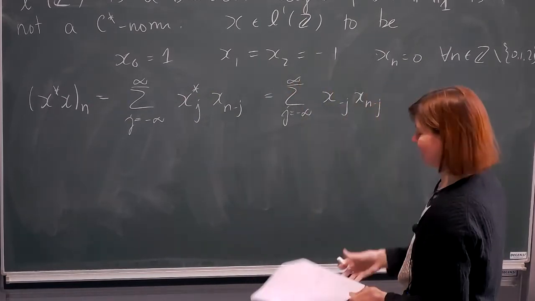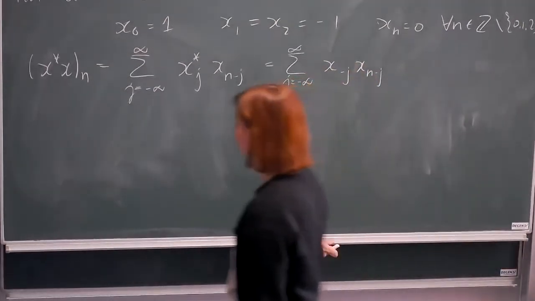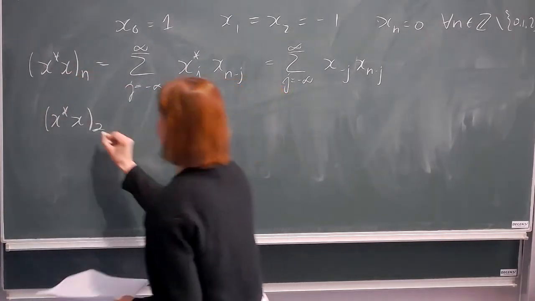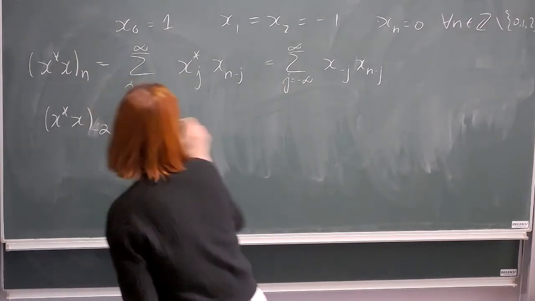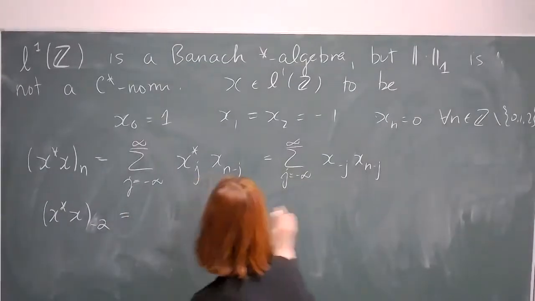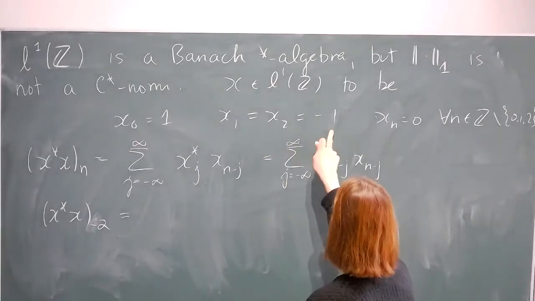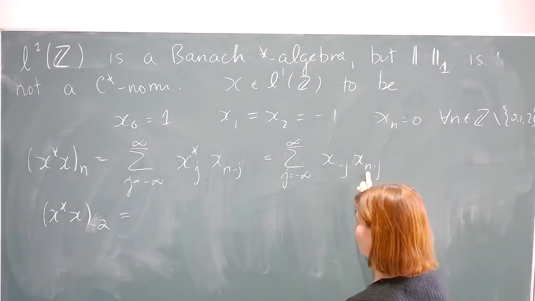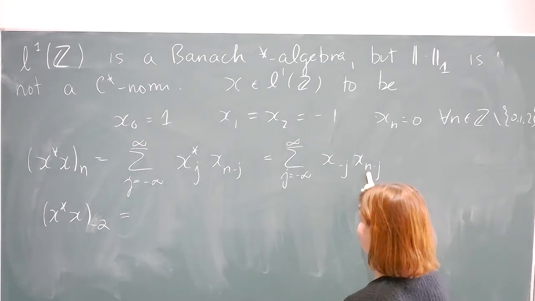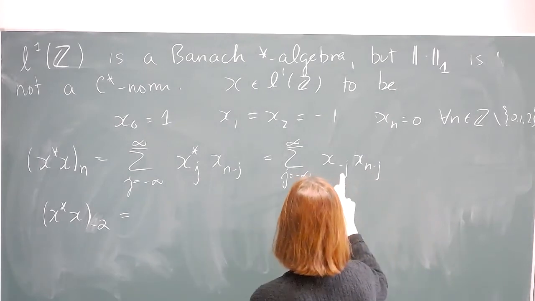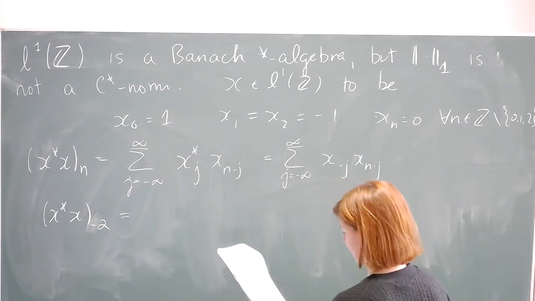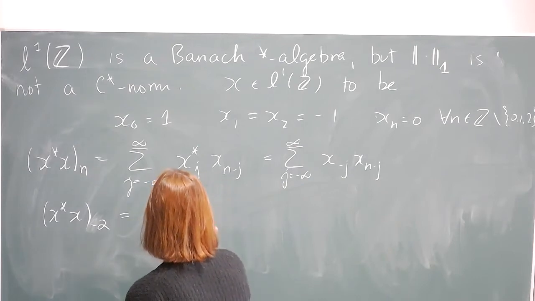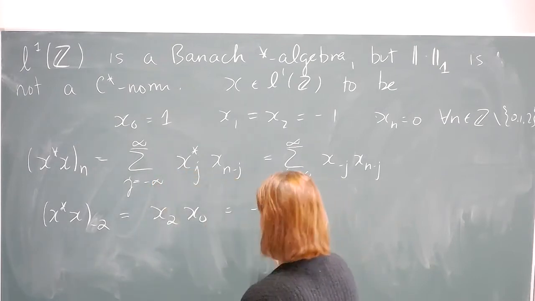So obviously, most of these terms are 0. The only ones you get that are non-zero are for n = -2 and so on. Did I write this down correctly? Yes. x2 times x0, which is -1.